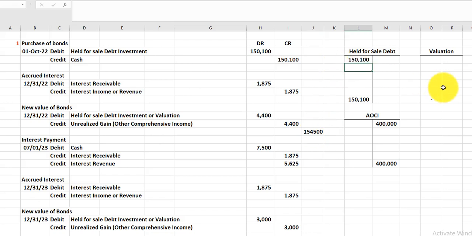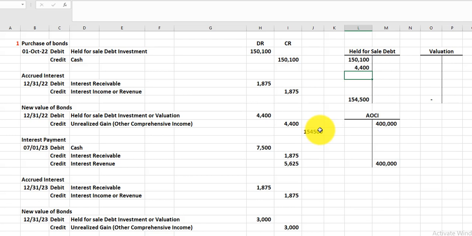So we need to debit the held for sale debt investment or valuation of 4,400. You see, I have a formula there that recalculates that automatically, and that is what happens. It gets to 154,500, which is what we know it should be.